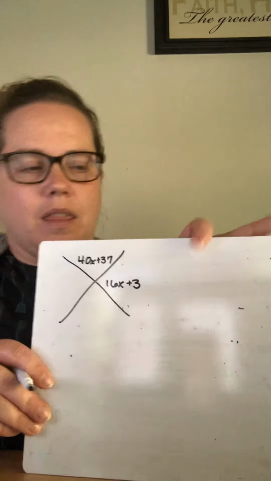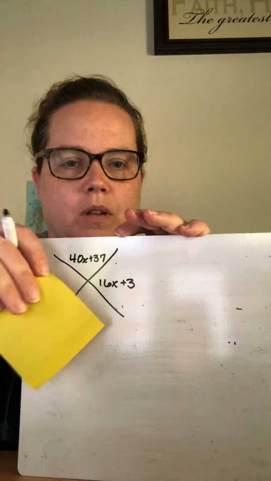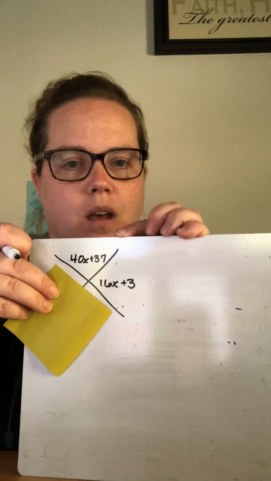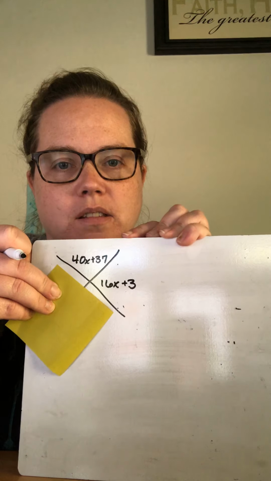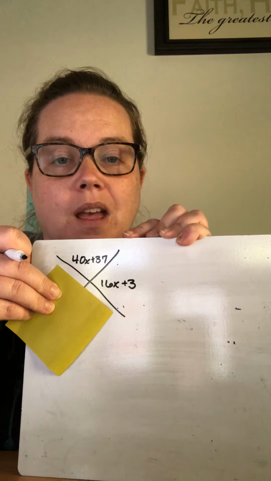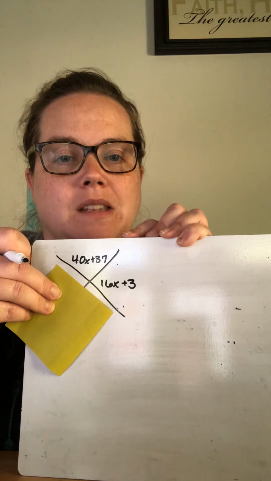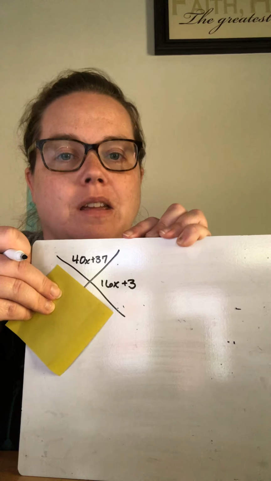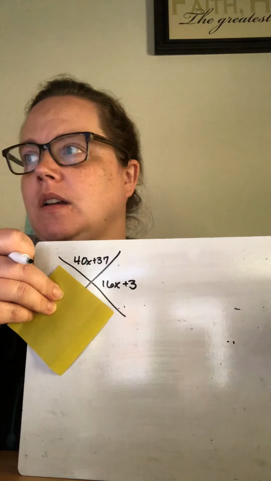Now, if we're looking at this, we're going to look at it like a supplemental angle, okay? We're just going to cover that up. Set them both equal to 180 and solve for x, okay? So it'll be 40x plus 37 plus 16x plus 3 equals 180, and then I'm solving for x. Okay, so let's see what else we got going on here.